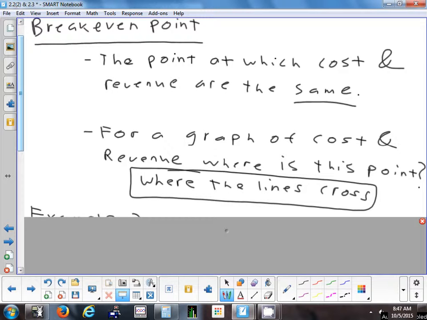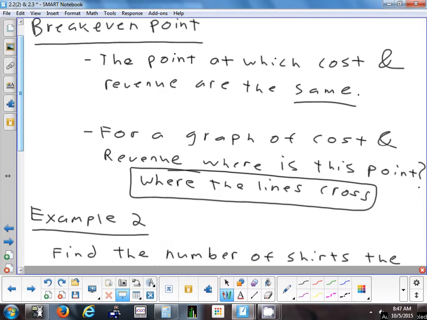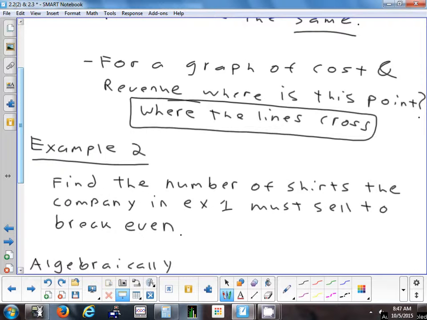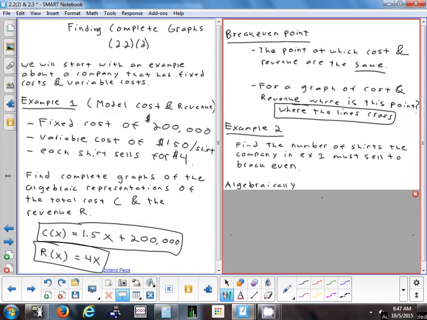A break-even point is not something you have to do graphically. We could do it with algebra. In fact, why don't we, we'll do it both ways. We'll do it one way with algebra, and then we'll do it as a graph. All right, so let's go back and look at our two equations, cost and revenue, because we need those.